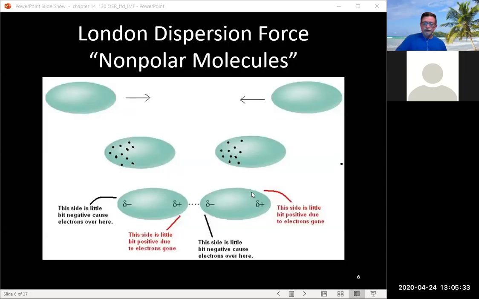Okay, so this is basically what's happening here. We got the electrons, okay, and they come into play and temporarily create a partial positive area and a partial negative area to create an interaction there. Okay, weak interaction, but nevertheless an interaction.